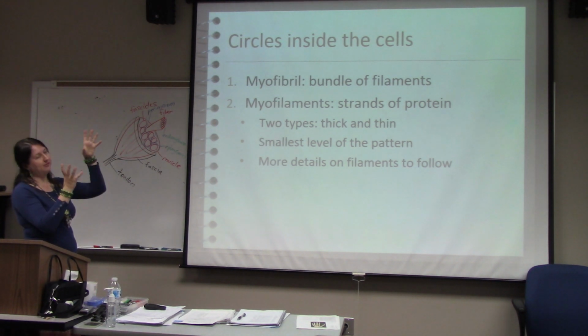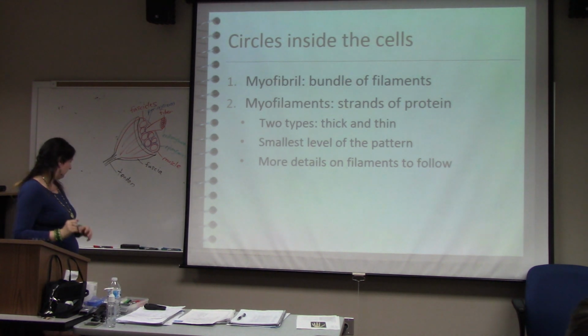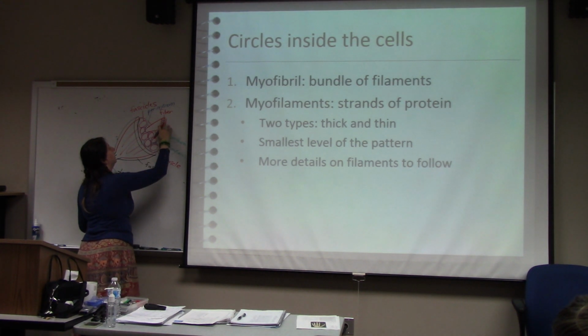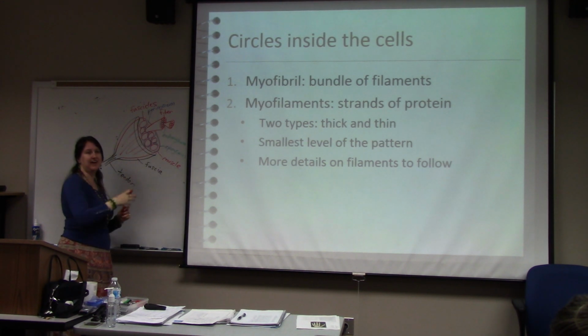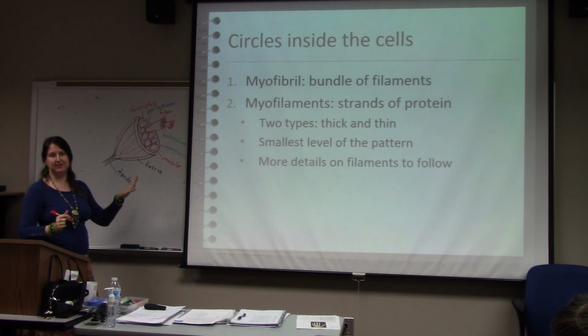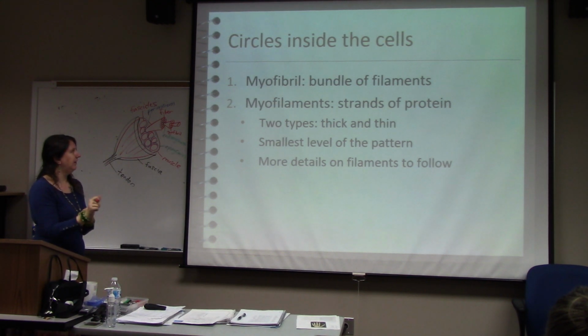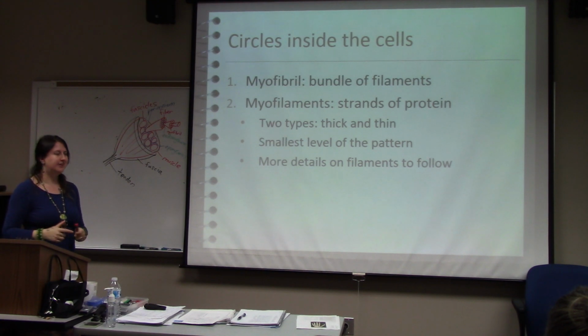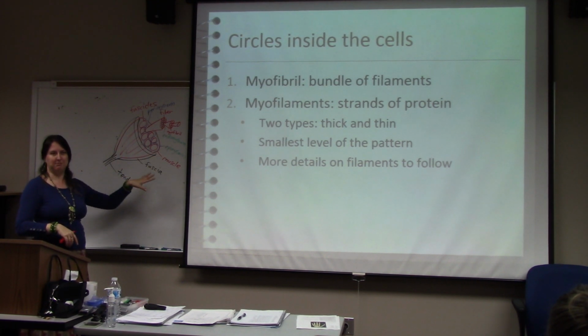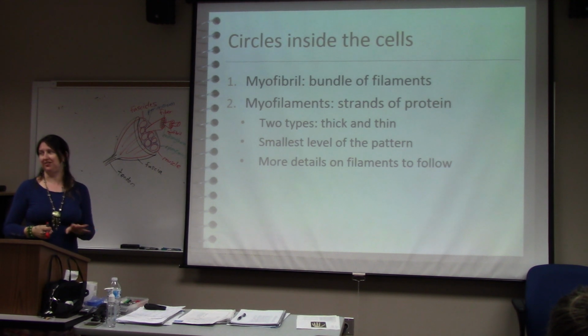We still have further circles inside the fibers. If we expand out a fiber, now this is a cell, so the surface of the fiber is a cell membrane. There are structures within it called myofibrils. Myo means muscle, like we had myo in the connective tissues.